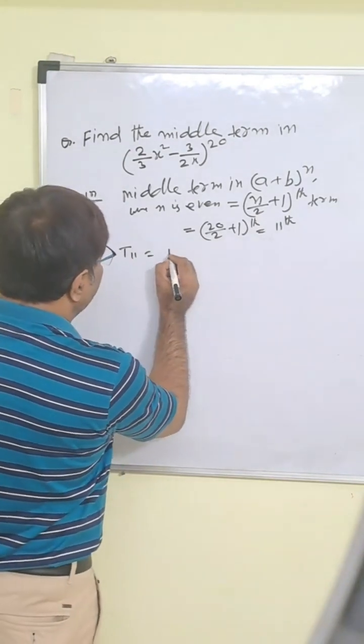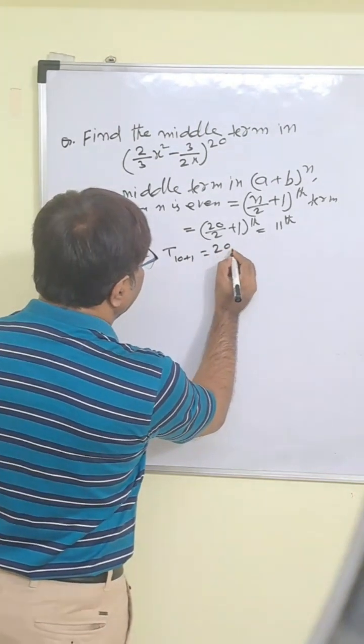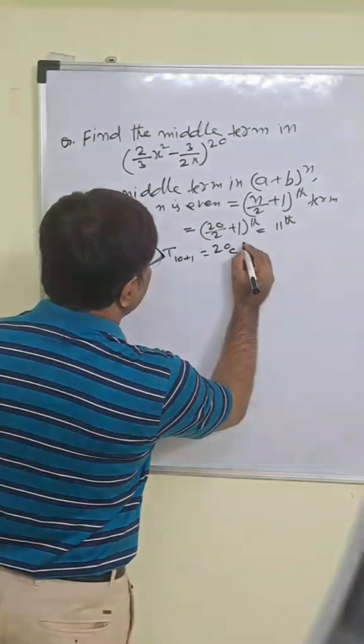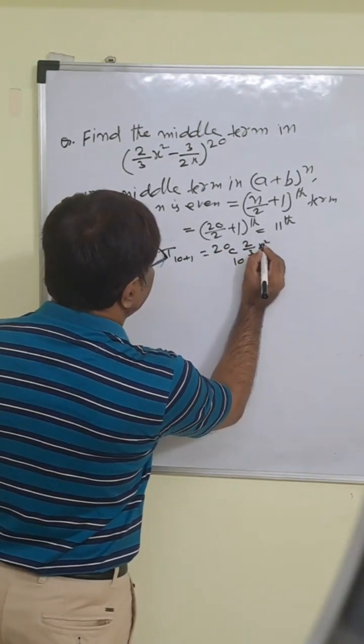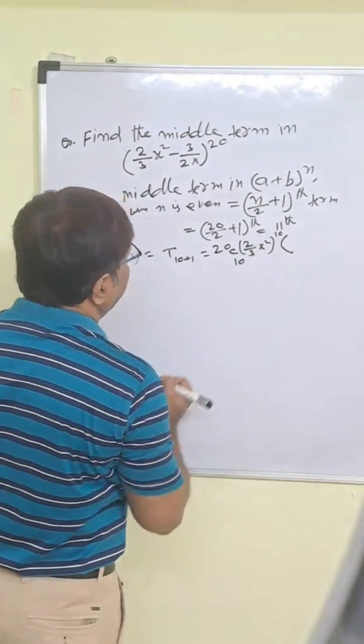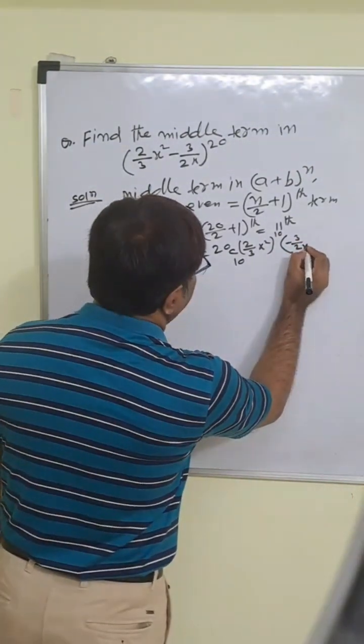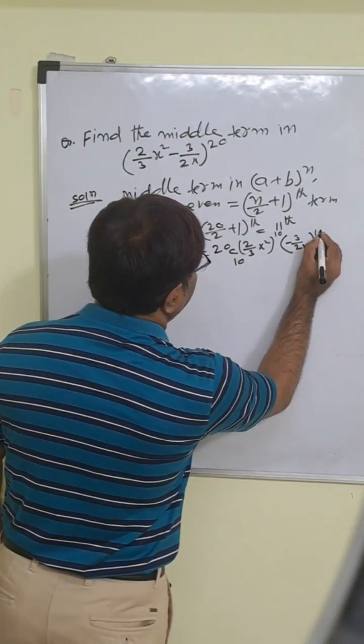So T11 equals T(10+1). nCr, that is 20C10. A is 2/3 x², power n − r, so 10. And B to the power r, that is (−3/(2x)) to the power r, that is 10.